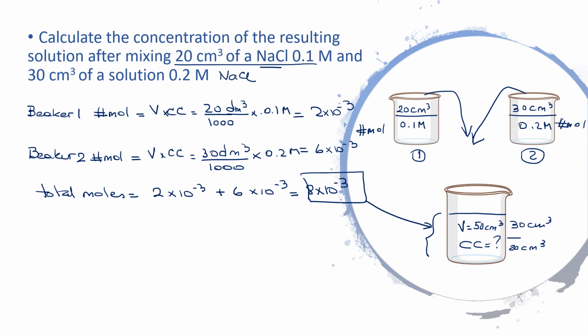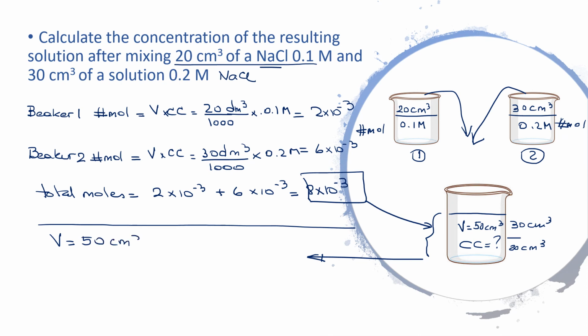So in the final beaker, we have the volume equal to 50 centimeters cube, that is the addition of the two volumes, and the number of moles that we calculated separately, and then we added up, 8 times 10 to the negative 3 moles.